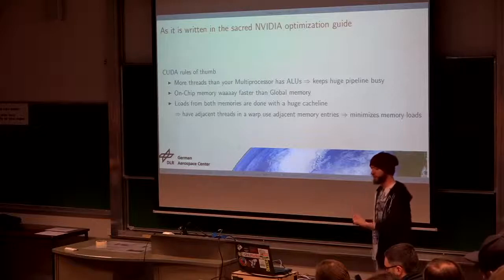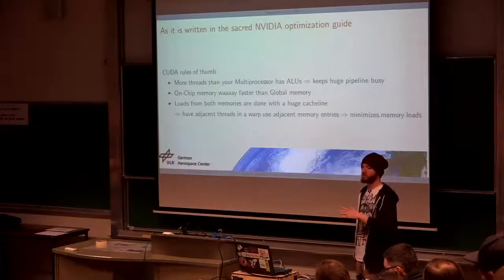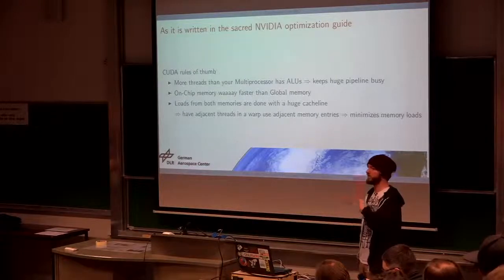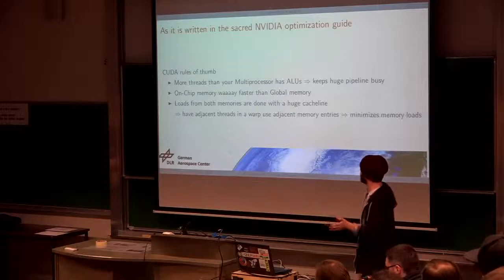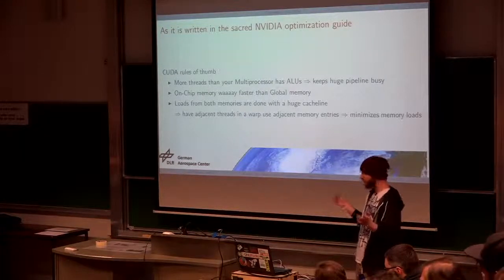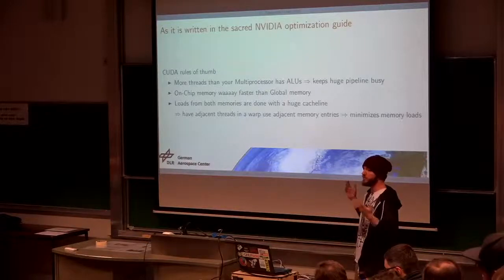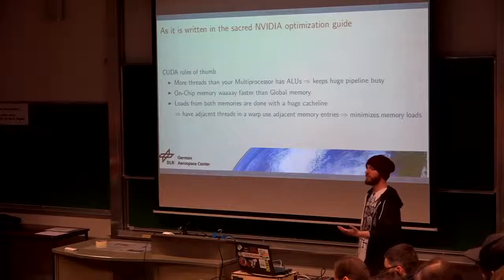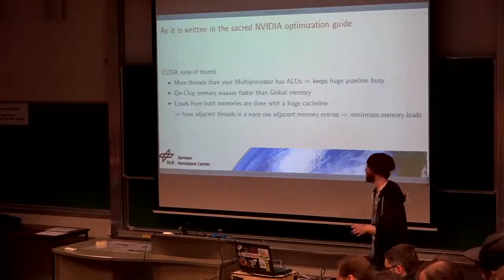So let's say thread 0 accesses memory position 0 and thread 1 accesses the memory at position 1, with a 4-byte offset always. Then you have one load that serves all the threads. If you don't apply that, then you have multiple memory loads per warp, which seriously slows down computations a lot.